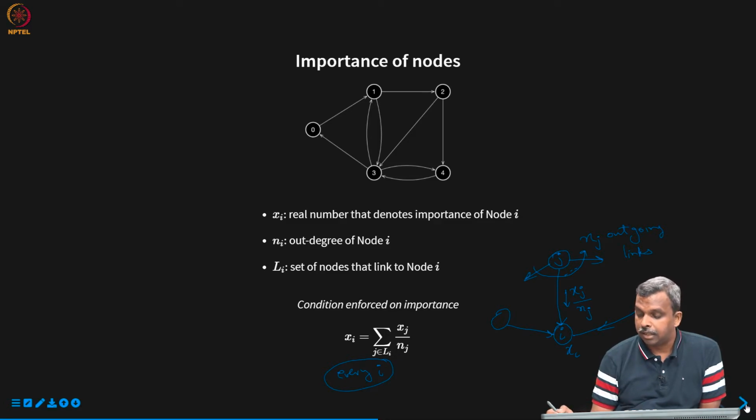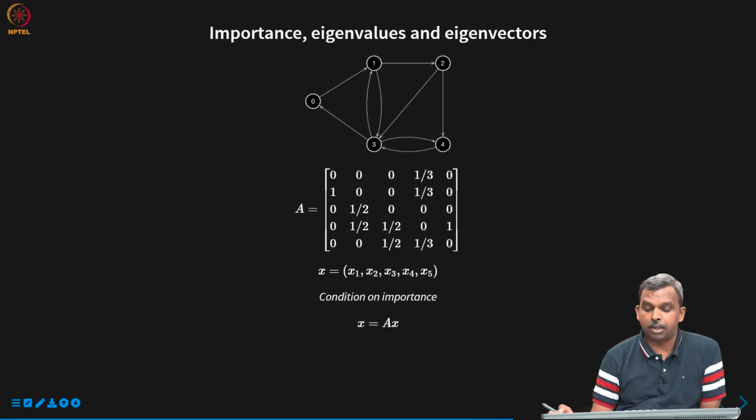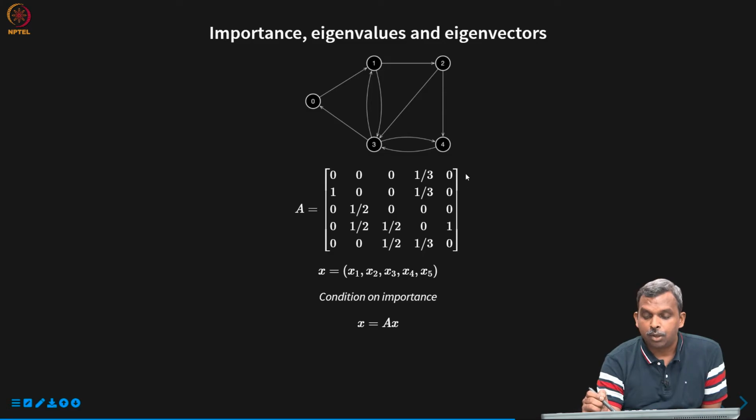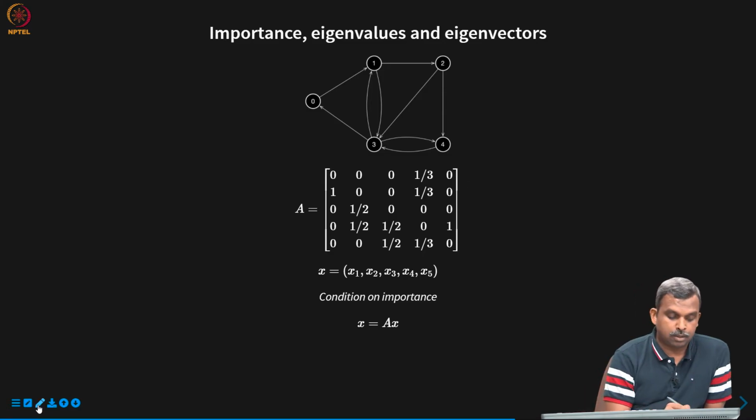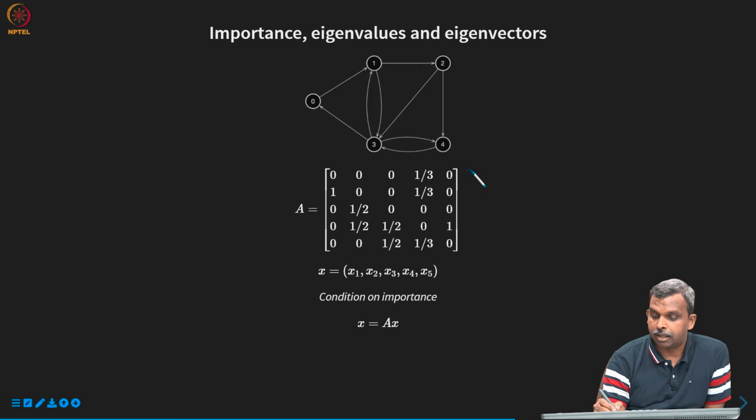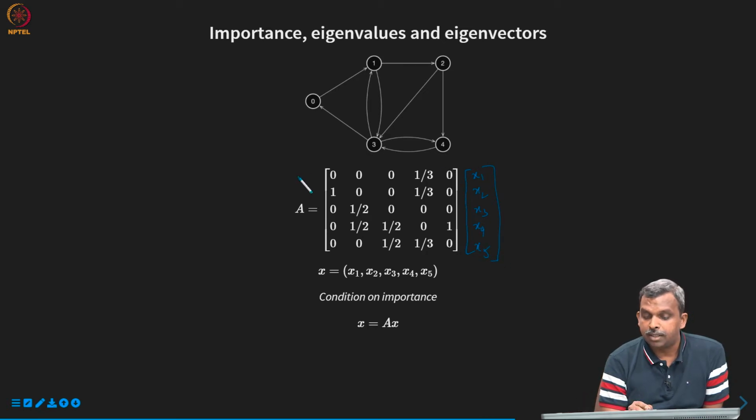This condition translates into a very simple equation with this matrix A: X equals A times X. X is your importance vector, and that needs to be equal to A times X. You can check that this is exactly what it would mean if you multiply with the importance vector on the right.